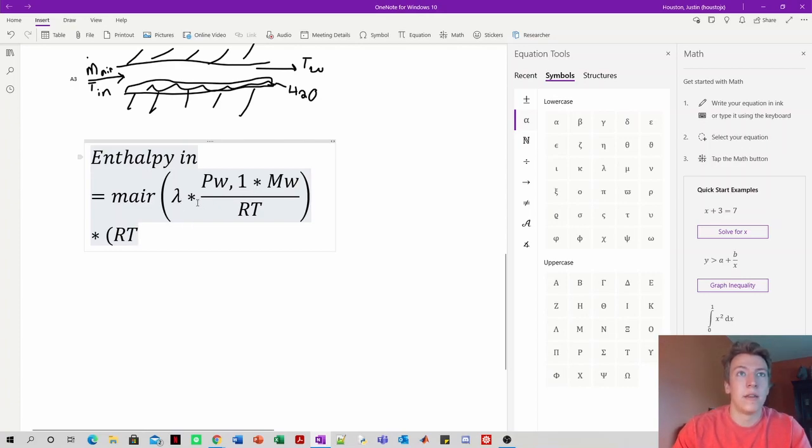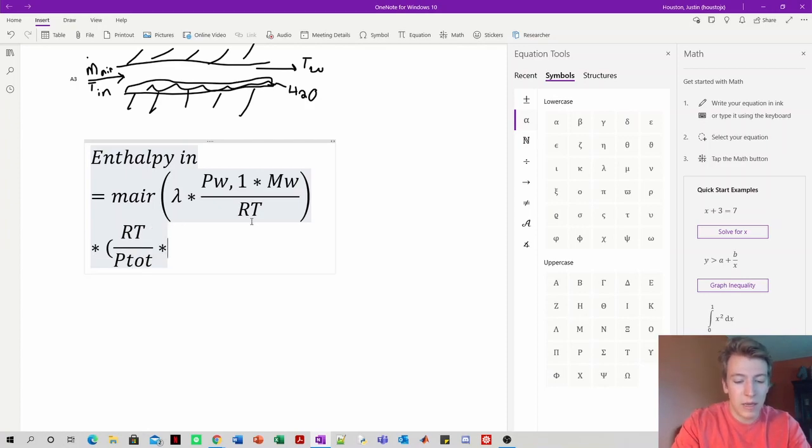And to help get to these units, we want to include that molecular weight of the water, and then keep on moving. Since we have this meters cubed per kilogram, we want to add this next part here, which is the RT of the temperature and gas constant, and that's going to be completely divided by the total pressure times the average molecular weight.